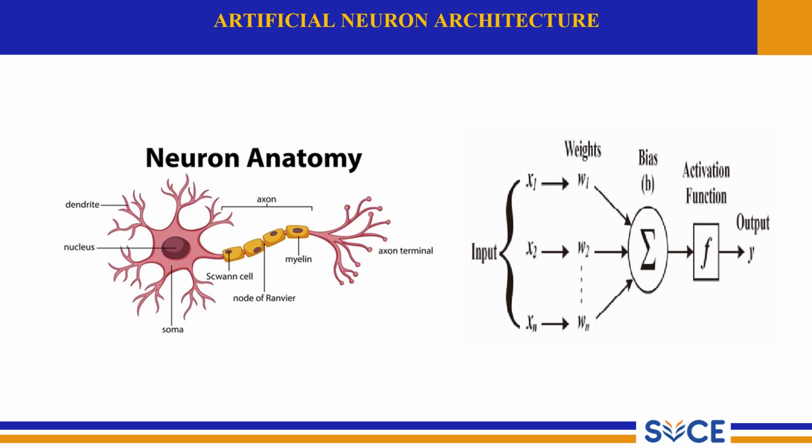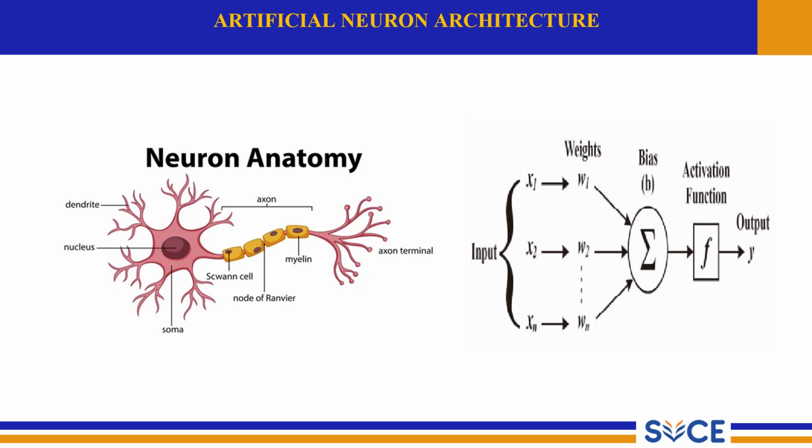A bias term b is added, similar to an adjustable threshold that shifts the neuron's response. These weighted inputs are summed up to produce a value Z, representing the linear function part of the neuron.